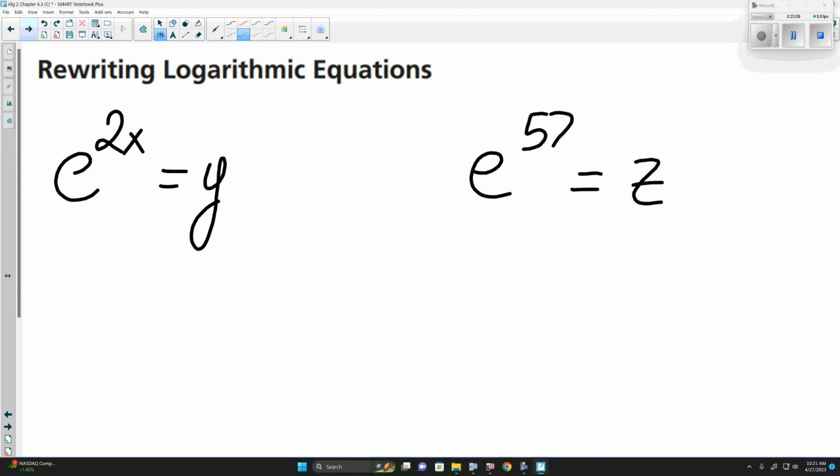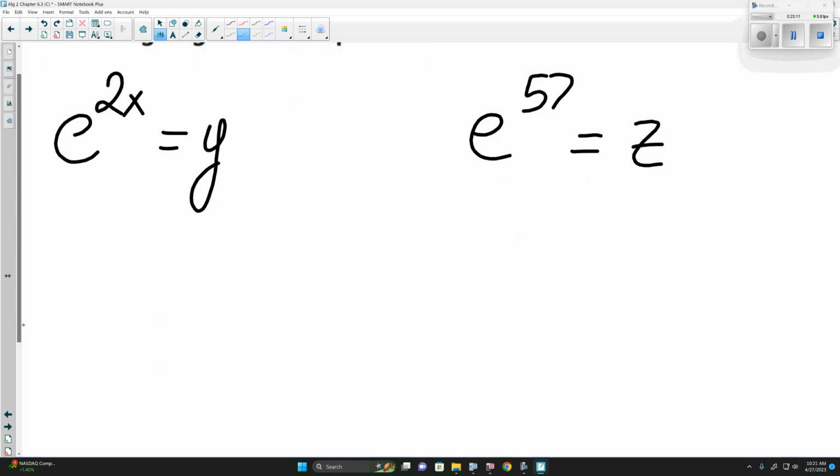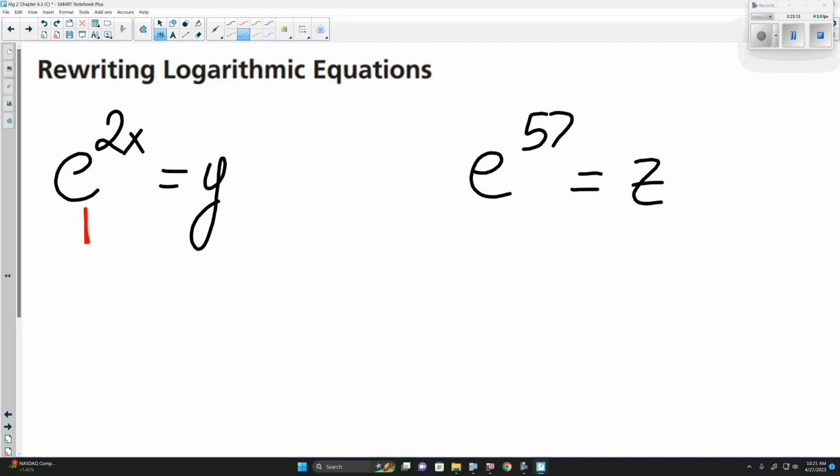So let's go the other way. e to the 2x equals y would be ln of y equals 2x. The next one. Is the y supposed to be a base? How is that supposed to be written? Oh, I see. So we get this here.